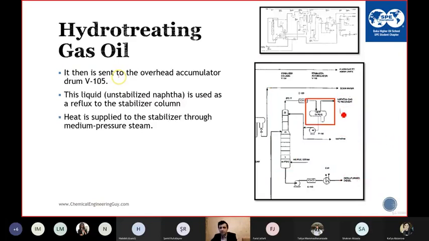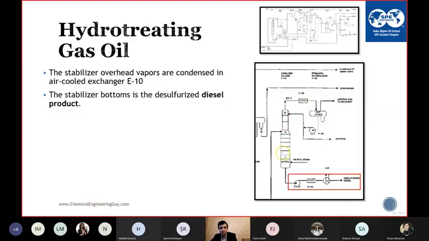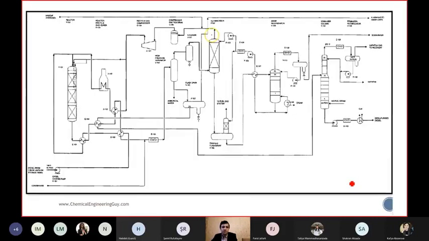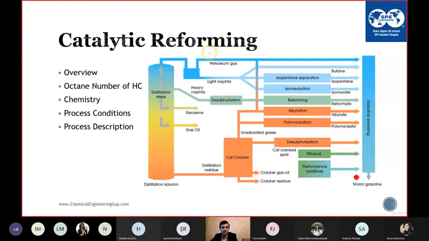So this is the reflux, from where some of the naphtha is sent back to the column top to control the temperature here. And the product is sent to the air cooler and cooling water cooler, and the final product is sent to storage.